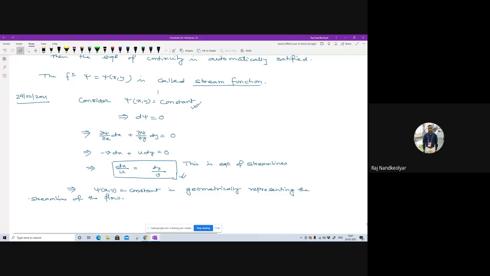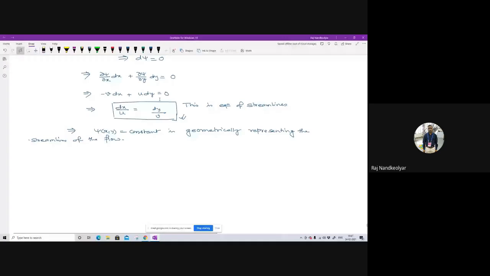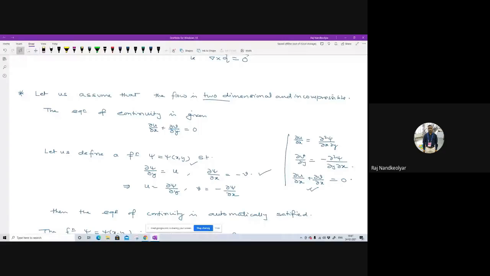The discussion that del psi upon del y equals u and del psi upon del x equals minus v is only valid for a 2-dimensional flow. For a 3-dimensional flow the stream function and streamlines still exist, but this discussion is particularly valid for 2-dimensional flow. That is why we are considering a 2-dimensional and incompressible flow.